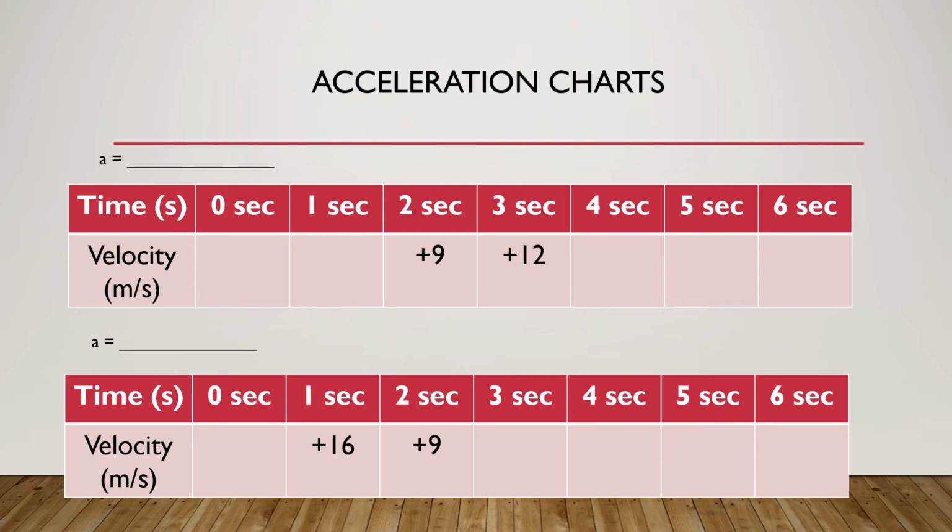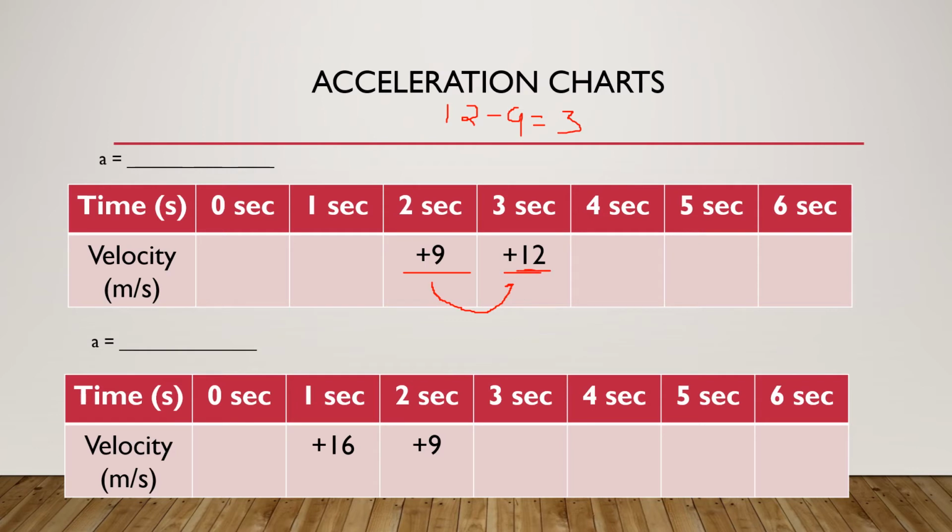Well, what do I do if I don't have the acceleration at all? Well, acceleration is the change in velocity. So if I have two numbers right next to each other, how much are they changing? Well, 12 minus 9 equals 3.